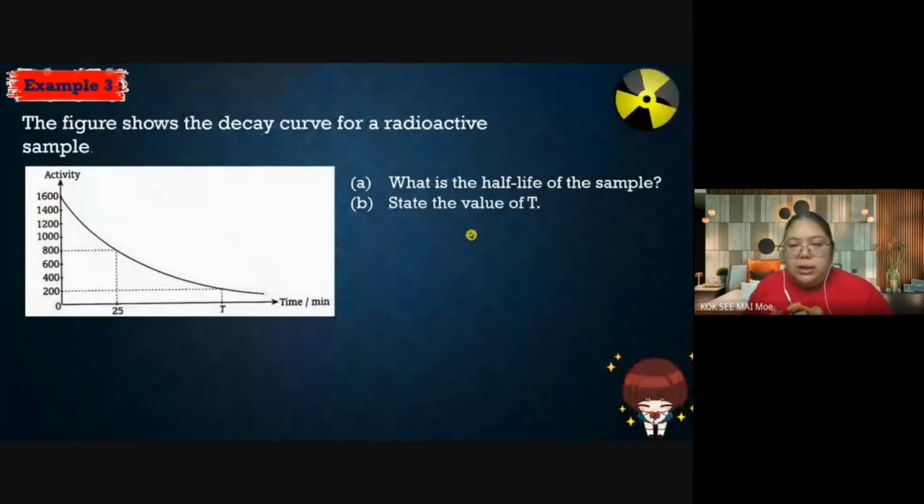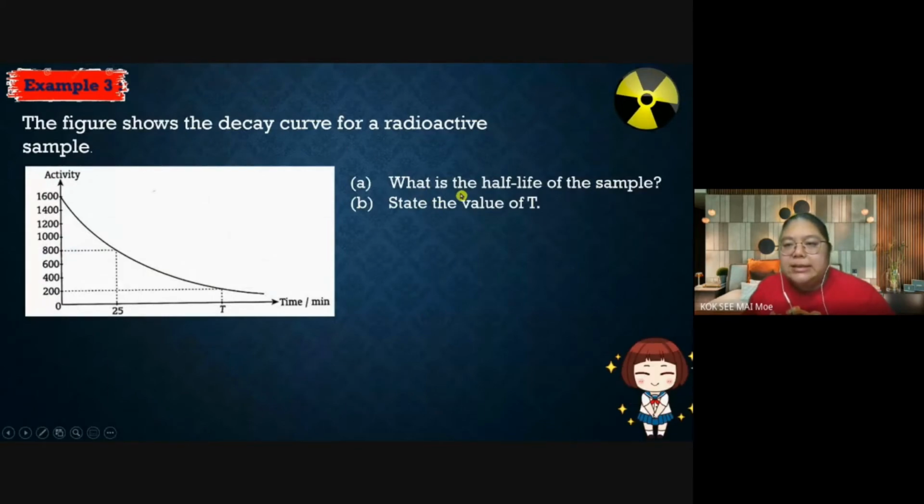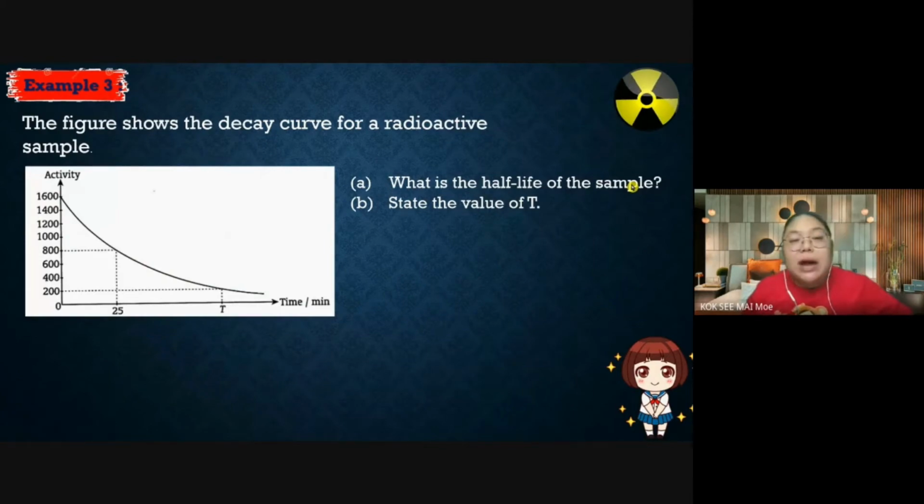Okay, number 3, refer to the graph. What is the half-life of the sample? Okay, we ask the student to answer it. Okay, 25. So for half-life, you need to see the bottom one. Don't look at the activity. Half-life means the original amount becomes half. So you can see from here, when the original is 1,600, after that it becomes half, meaning it becomes 800.